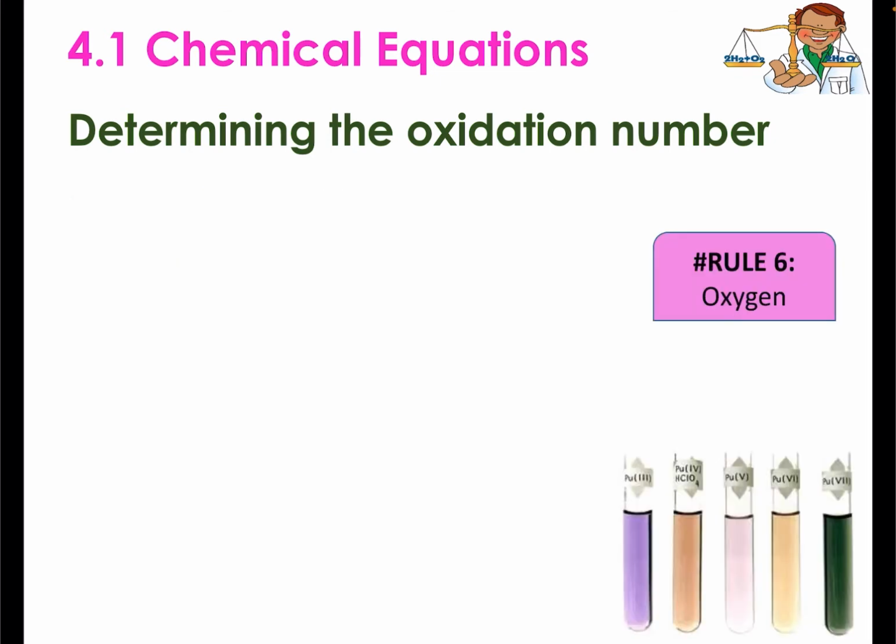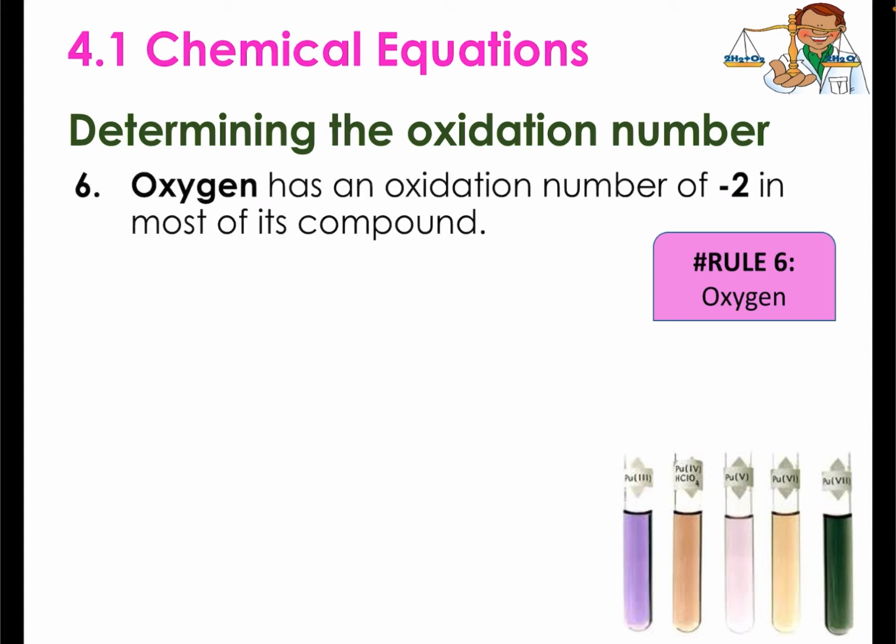Let's go to rule number 6, where in this rule, we are going to learn where oxygen always has oxidation number of -2. So, what you have to understand, dalam apa-apa compound pun, oxygen ada oxidation number -2.